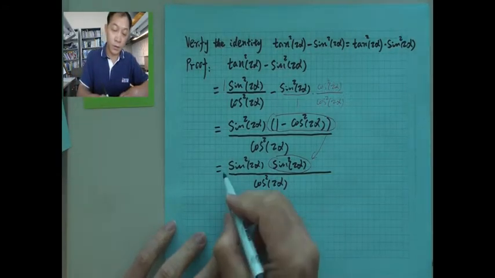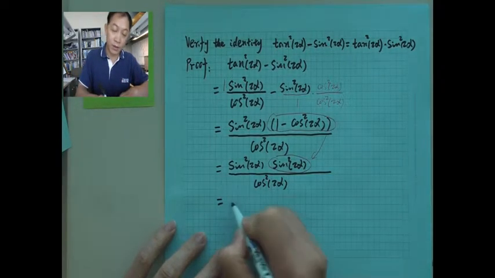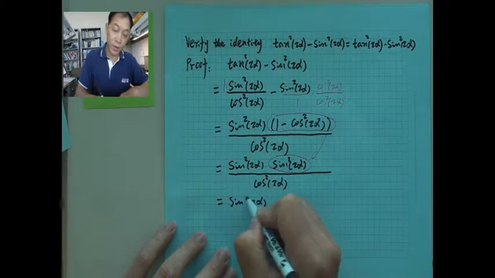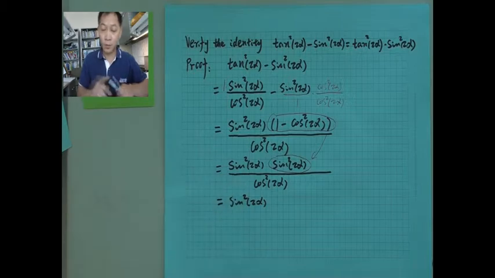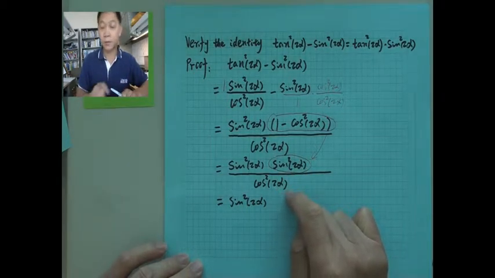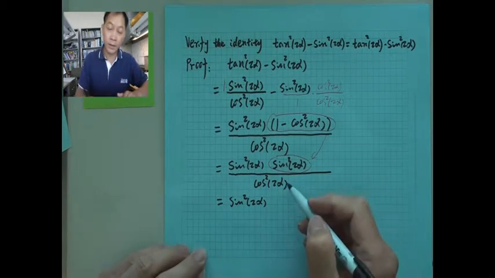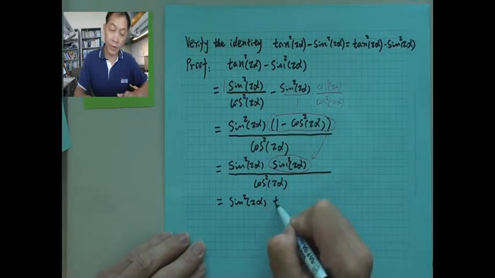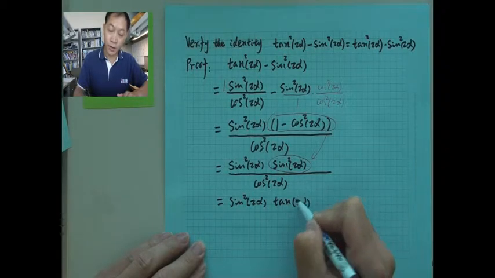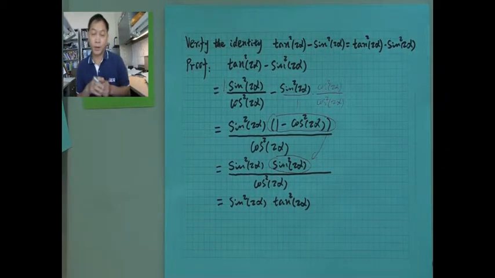So look, now what do we have? We have a sine 2 alpha squared. That's this one. But this one, sine over cosine, is tangent. So then you may put tangent 2 alpha, and then the squared.